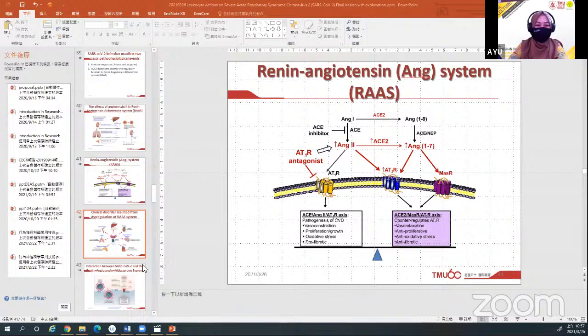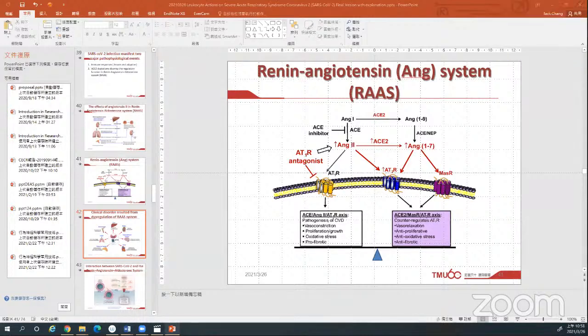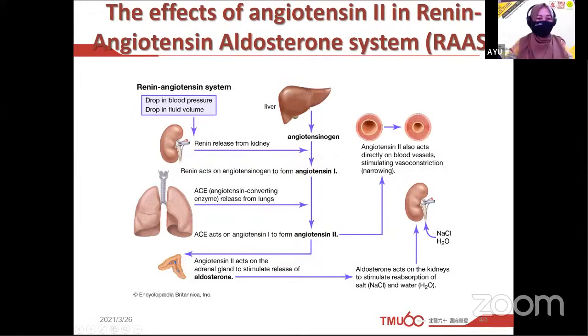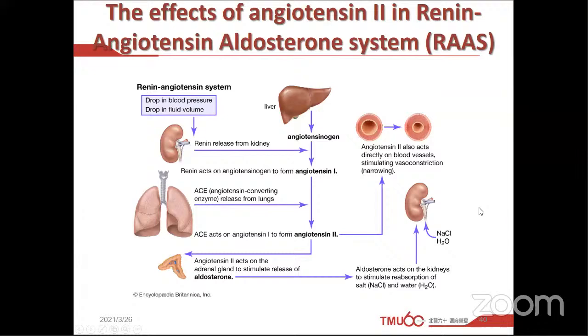Which slide first, Prof? This slide will be okay, Prof, but still not clear.